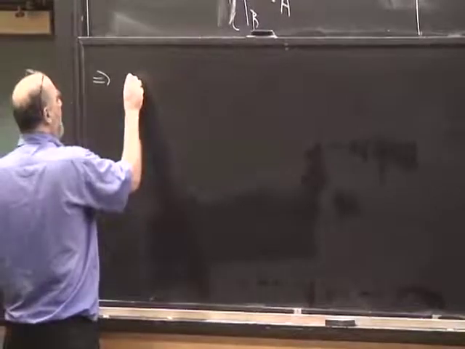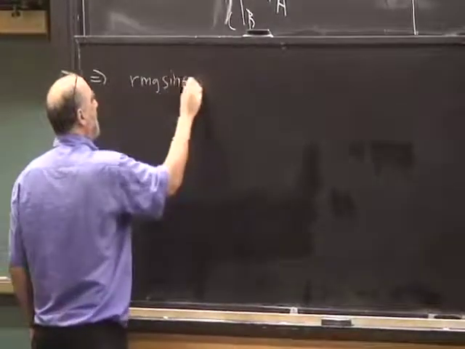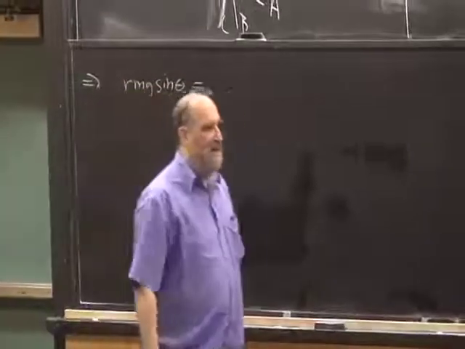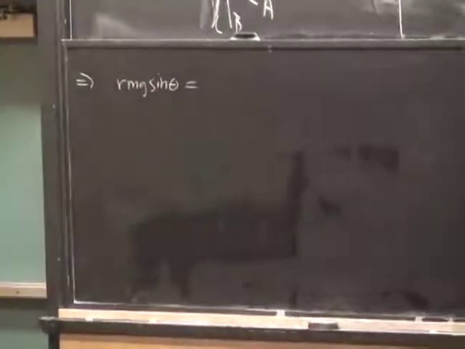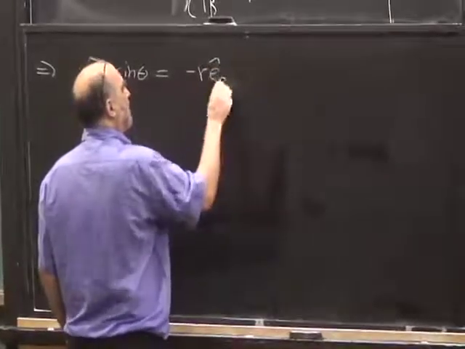Now you want to flesh this out further. So we have our R, M, G sine theta. And then on the right-hand side, we have to fill in these terms here. We have R_G with respect to C, which is minus R e_R.